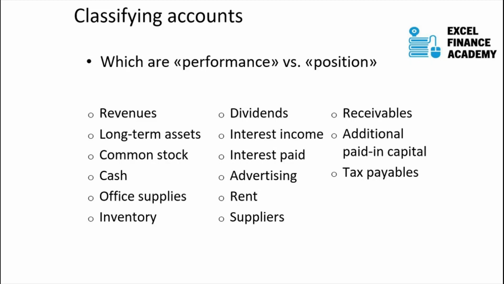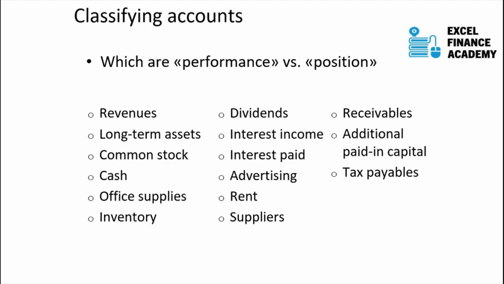Tax payable, position. Office supplies, you can say either, because this one is not very clear. Office supplies can be a performance account or a position account, depending on your policy. If you put this as inventory, it will become your position account. If you charge it immediately, it will go as a performance account. Rent, performance. Inventory, position. Suppliers, position account.